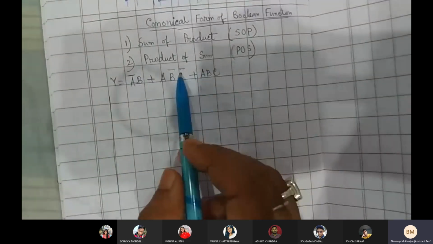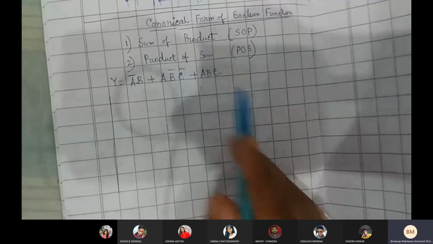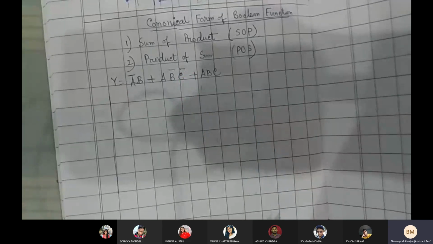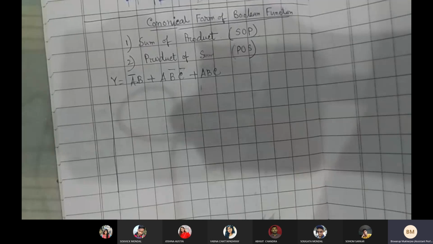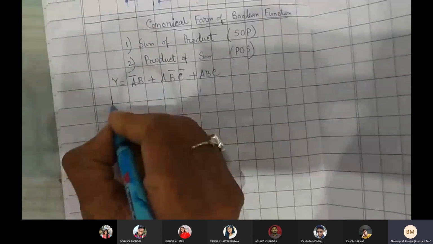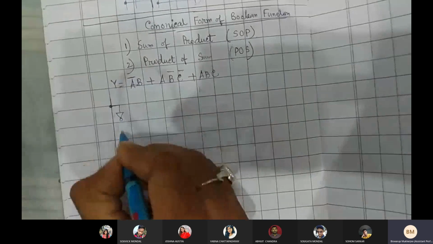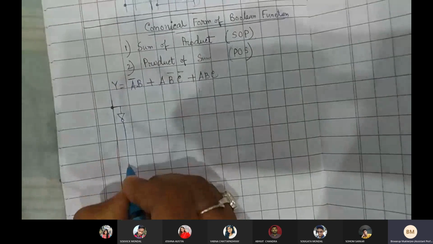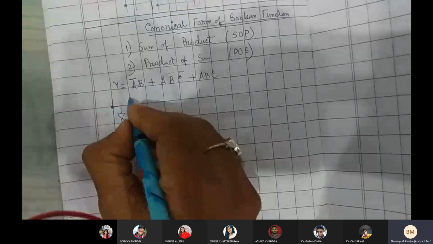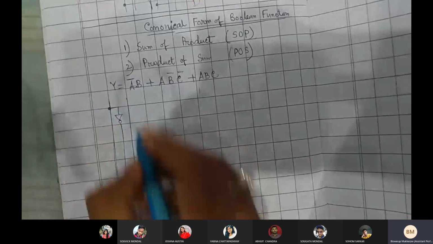But even if there is no C bar in your particular expression, you should draw that C bar, right? Because those are actually the circuits which are remaining common in every digital circuit.